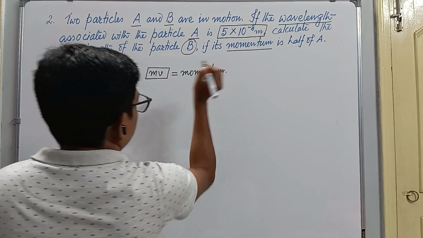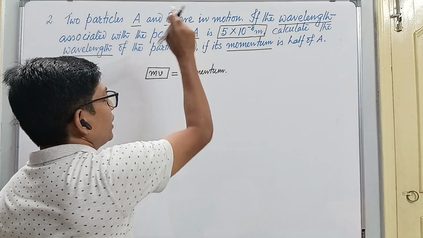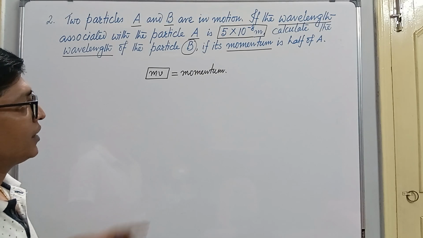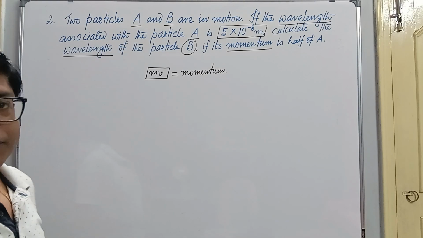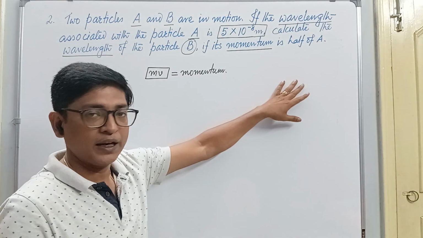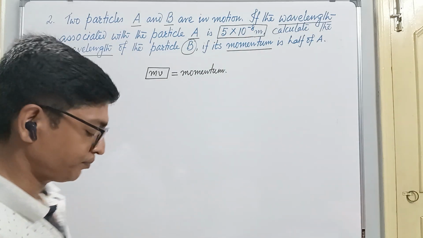Right? So I will write the equation for both particle A and particle B separately, because here I have understood that it is basically a relative value. Relative in the sense that if I know the relation between A and B and if I take the ratio, I will easily get the answer to this question.